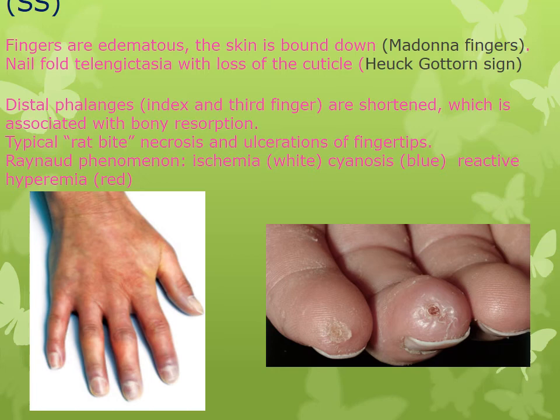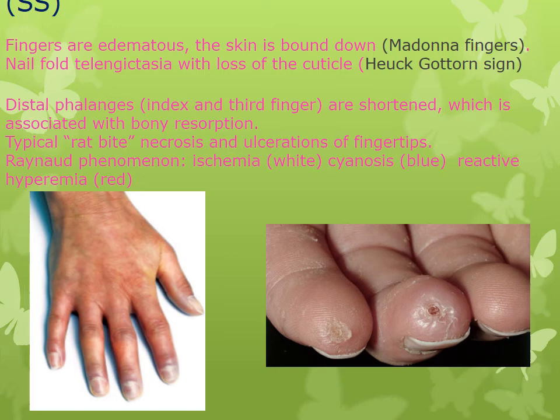Later on, there may be shortening of the index and third finger due to involvement of the bones and bony resorption. Also later on, the typical rat bite necrosis and ulceration of the fingertips may occur.